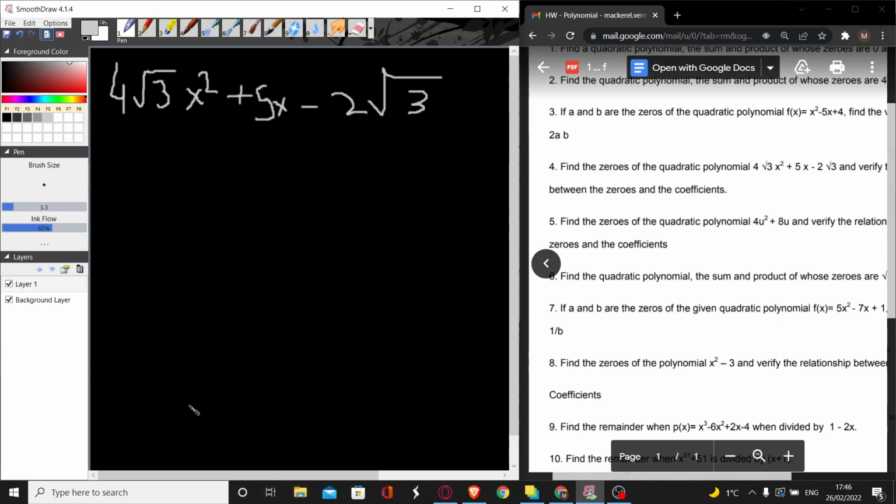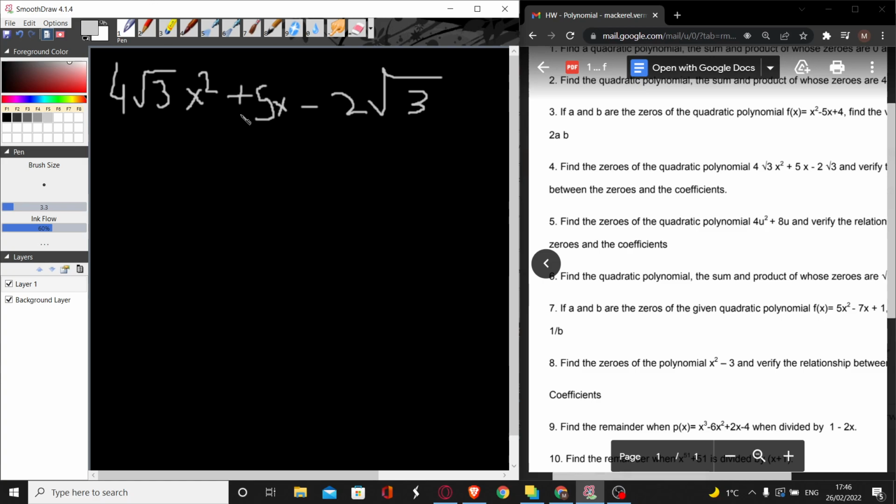So first thing we're going to do is we need a to be 1. So we can use the sum and product rule here. You can also use the basic quadratic formula, which is minus b plus or minus square root of b square minus 4ac, but I'll teach about that later.